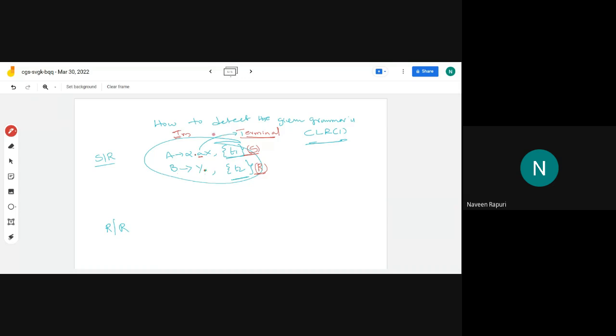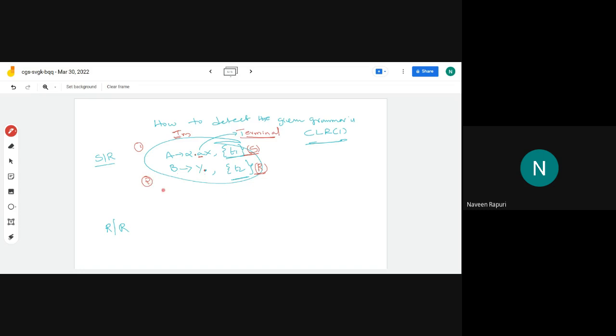Then that itself is not the problem. When this condition is satisfied, we need to check one more thing. This is the first thing.